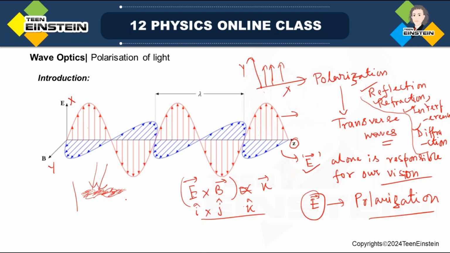You will not see it from other directions. That means the electric field is oscillating in a particular plane, and you are looking through that plane. That's why you are seeing that glare, or glossiness, of the water surface.